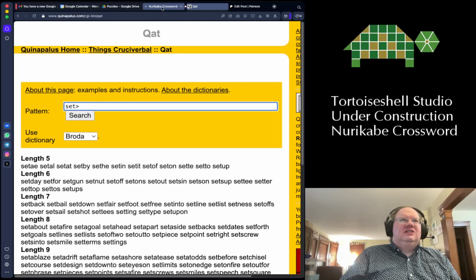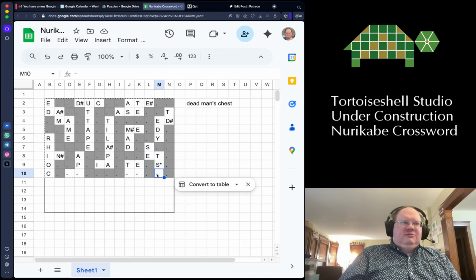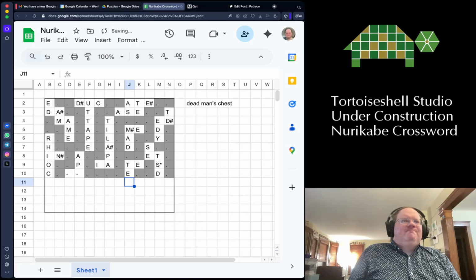Sets down. D might be good. So this could be like teeth.